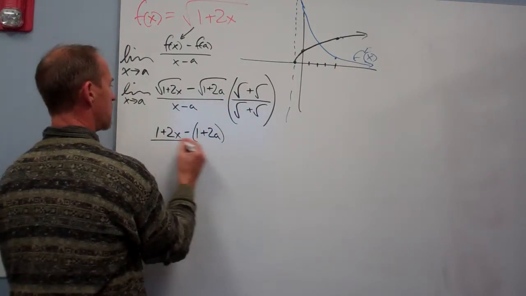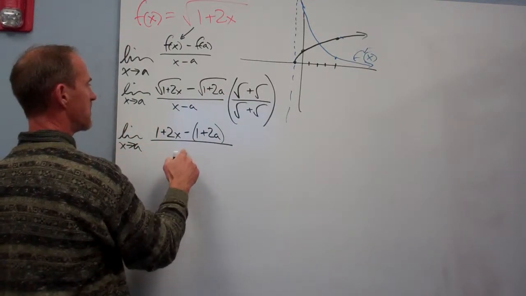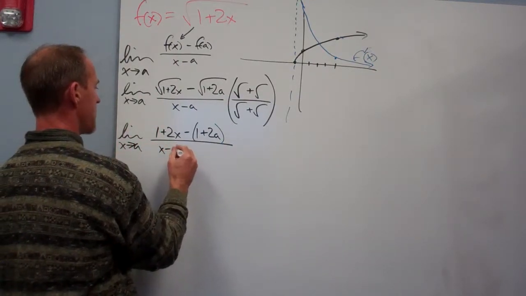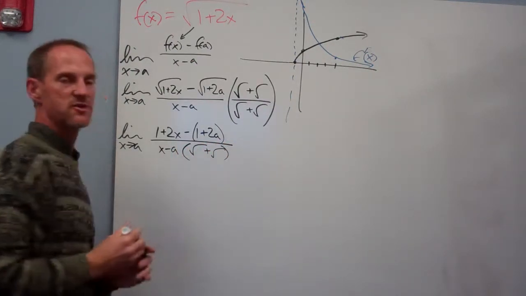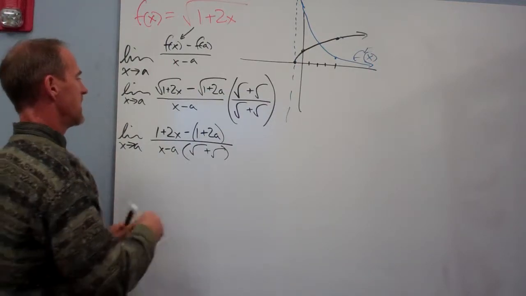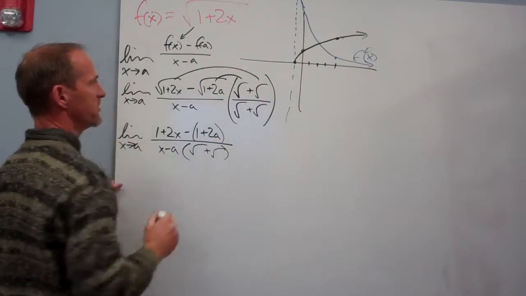Down below, don't forget the limit as x approaches a. It's going to be x minus a times the conjugate, and I'm still going to go with my shortcut because I don't need to spend the time writing it. Just remember, because of the conjugate, the rainbow bits always cancel.